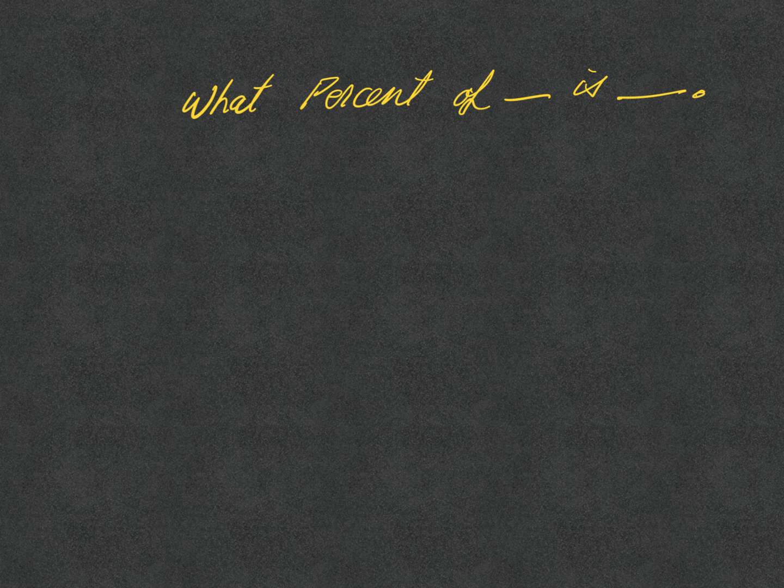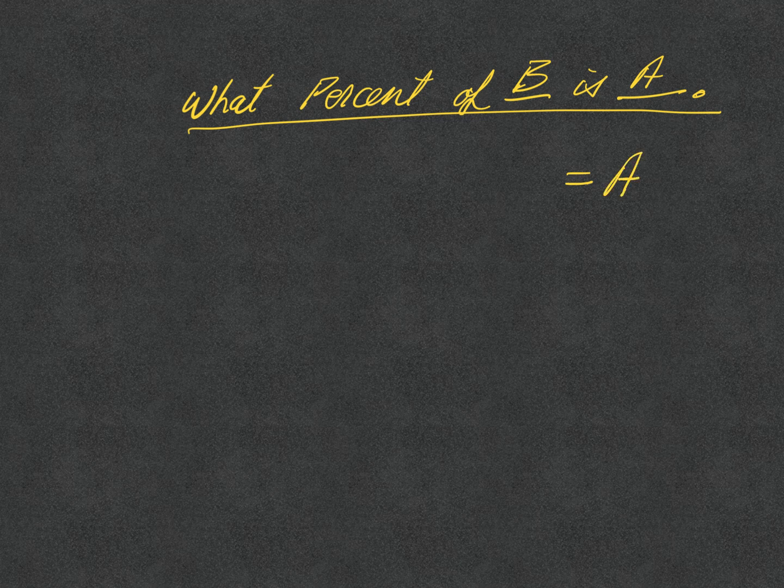So when we start to do percent story problems, there is a pattern to it, okay? We have what percent of blank is blank. So if we look at the formula, what percent of B is A, all right? And this gets translated: the is equals, so is A, the of is multiply, so you take the percent of B, percent times B equals A. And that's the formula we just gave.